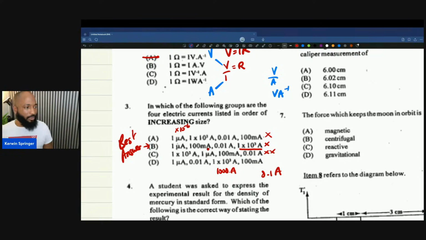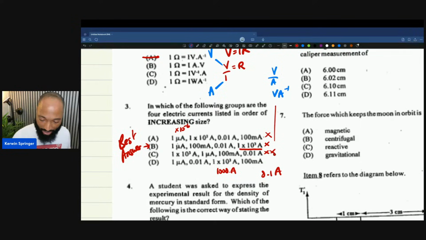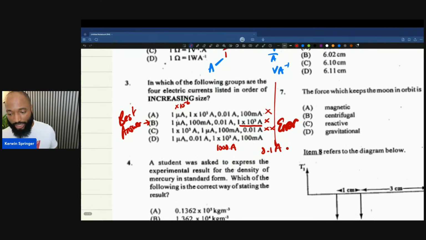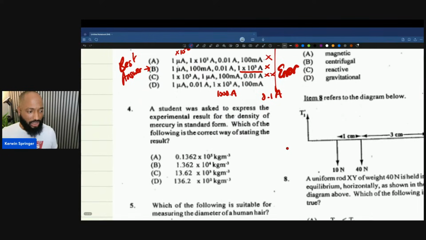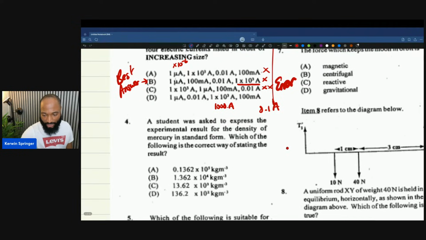What y'all think about this question? The best answer I would go with would be B, but there's definitely an error here. So we encounter an error in number 3. It's not unusual to encounter errors in these older papers. Maybe it was supposed to be negative 3. Maybe. I don't know.